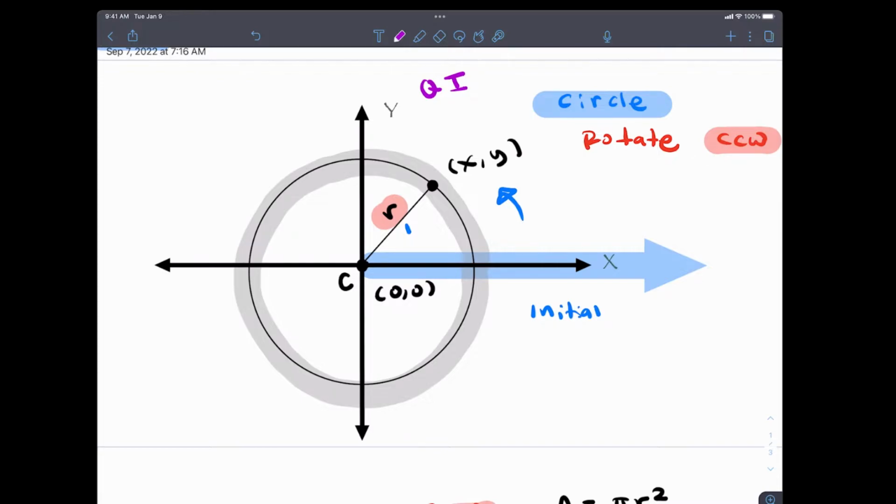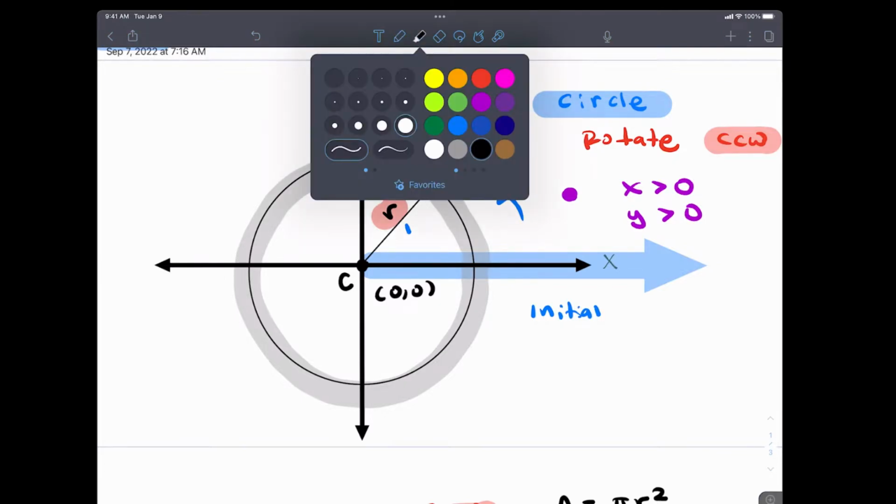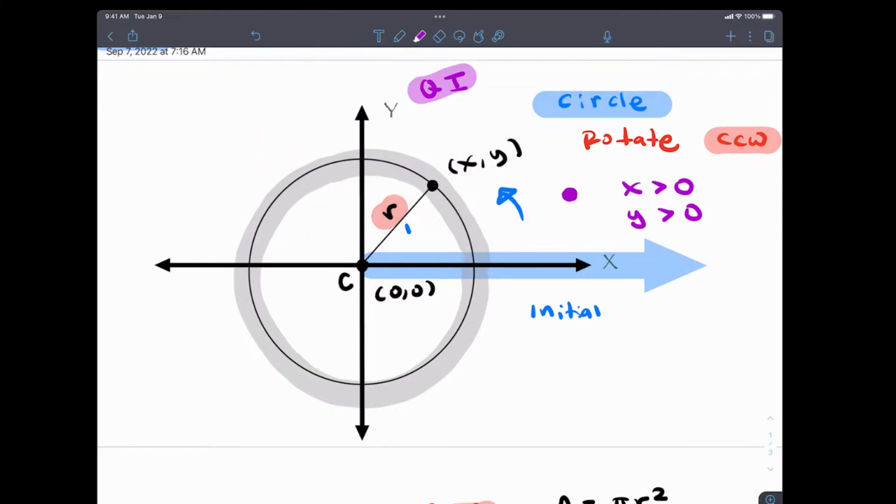Well, every point, I'll put this point right here in purple, every point in quadrant 1 has a special attribute. And you're right. It means that the x coordinate is positive and the y coordinate is positive. This is an attribute of quadrant 1 points. That's going to be an important detail for us.